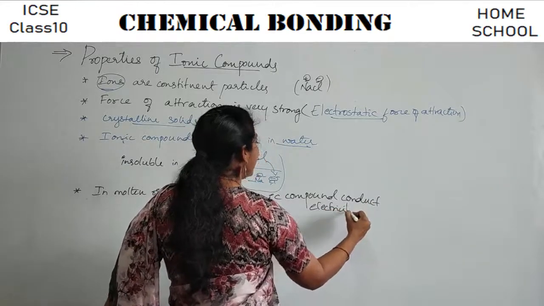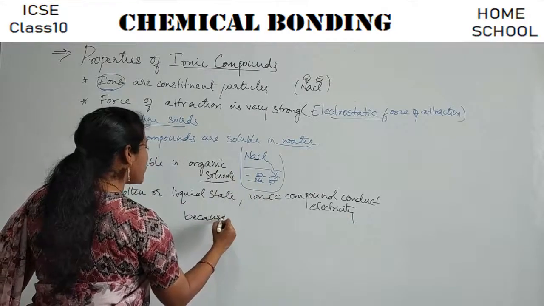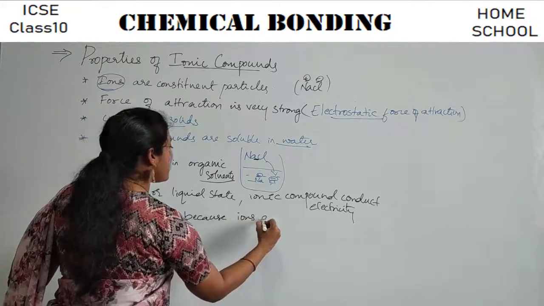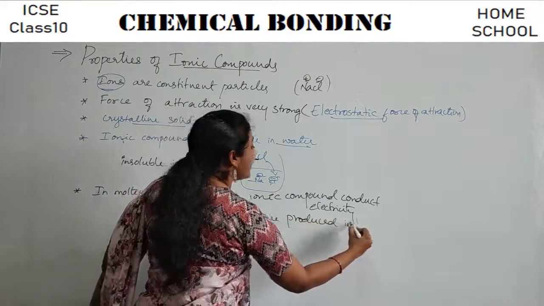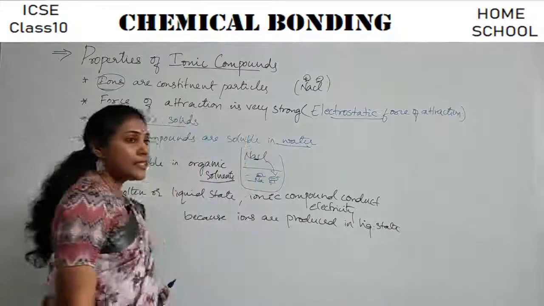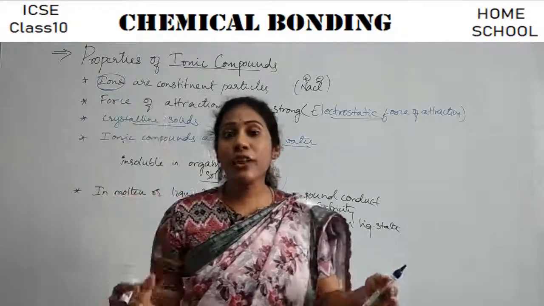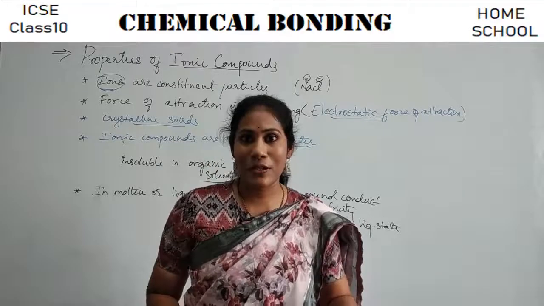You know why they conduct electricity? Because ions are produced. In liquid state, only in liquid state. Say salt solution is a good conductor of electricity. We have studied this in our basic classes also.